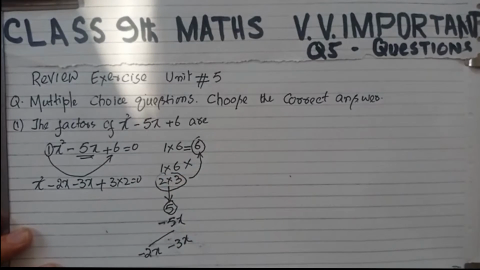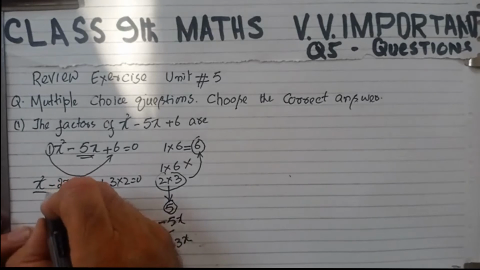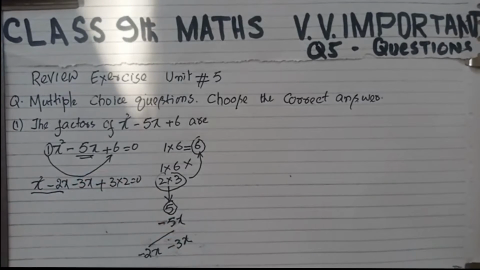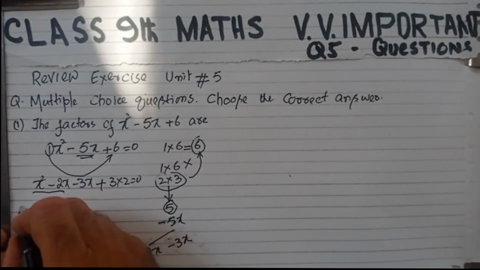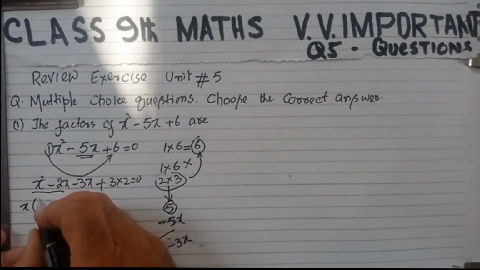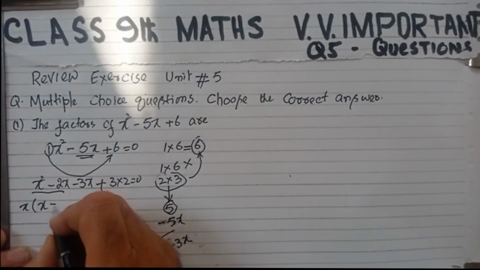Now if I ask what's common over here, you say, sir, x is common. Taking x common, x minus 2 is left.